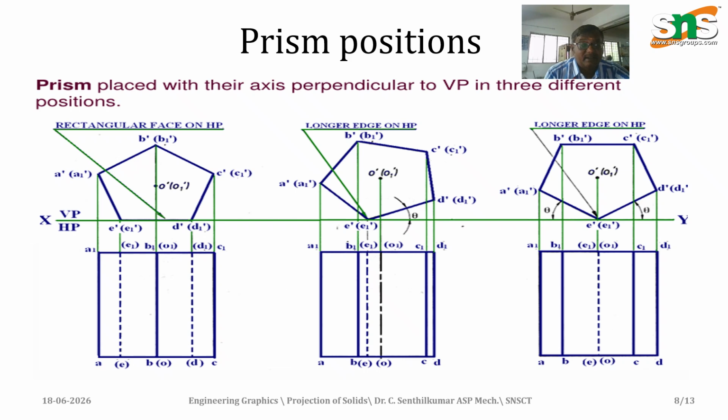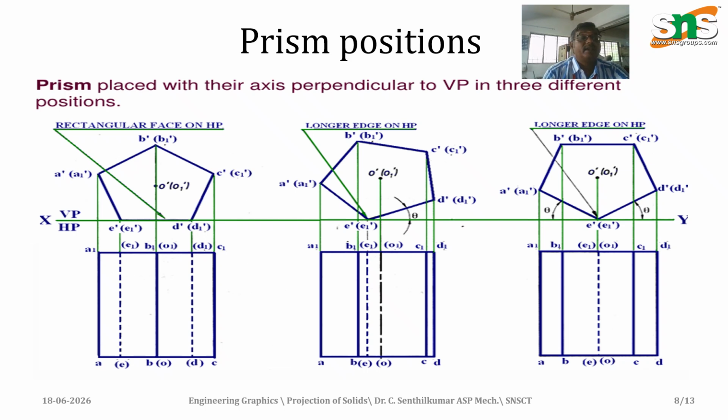Let me come to the prism position, to understand whether the edge is resting, whether the corner is resting, whether the corner is bisected. Prisms placed with their axis perpendicular to VP in three different positions are indicated here. Usually a prism is placed on the HP. When it is placed on the HP, we draw the front view first. In the front view, we see the hexagon, base resting, which is 360 degrees in total.